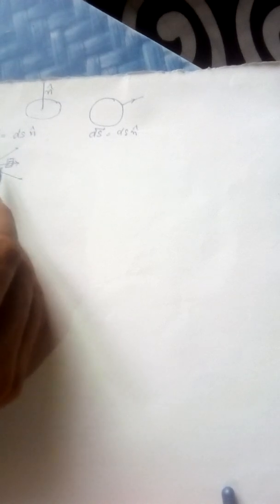If you draw a unit area at this point and three field lines are crossing, and the same unit area at this point has only one field line crossing.